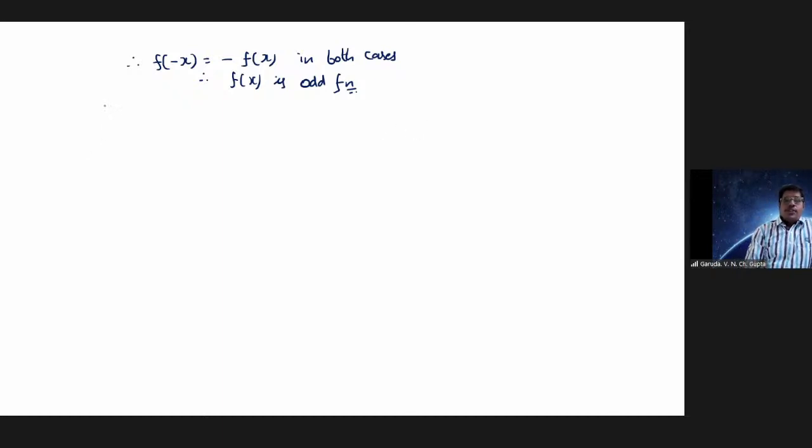So generally, therefore, the Fourier series for f of x contains sine terms only.